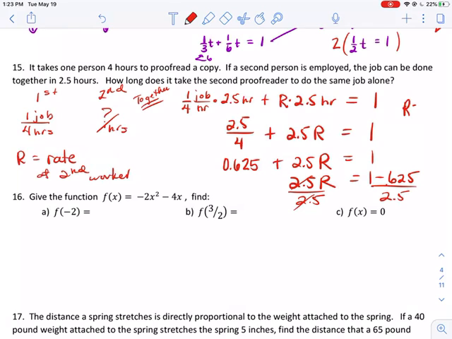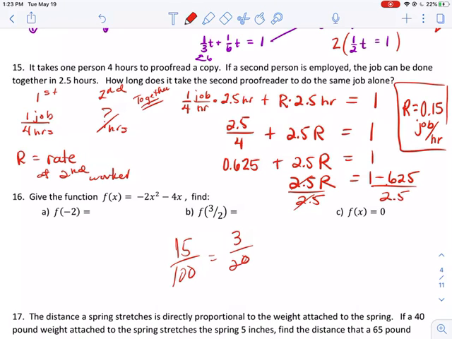And it looks like my answer is R is equal to 0.15 jobs per hour. So now if I change that over, that's 15 over 100. And if I simplify that, it's 3 over 20 jobs per hour.